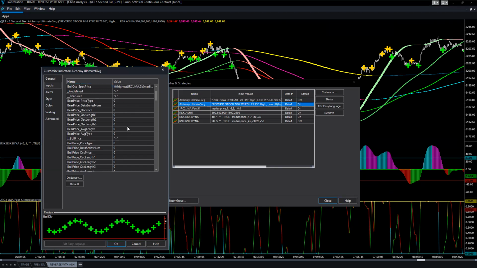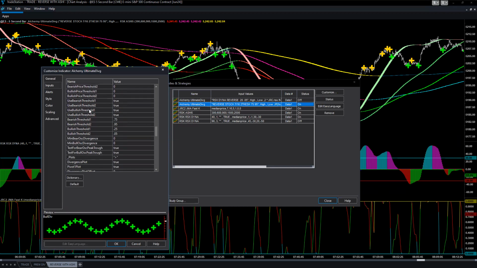Now, the key in using reverse divergence, you can, of course, have that setting true. But the key is getting the thresholds proper. All of the first and second thresholds need to be set to true.